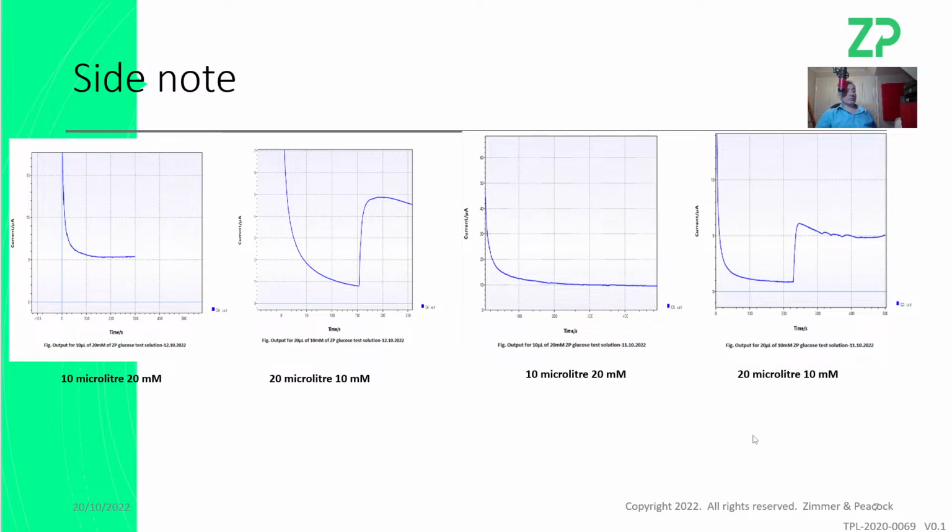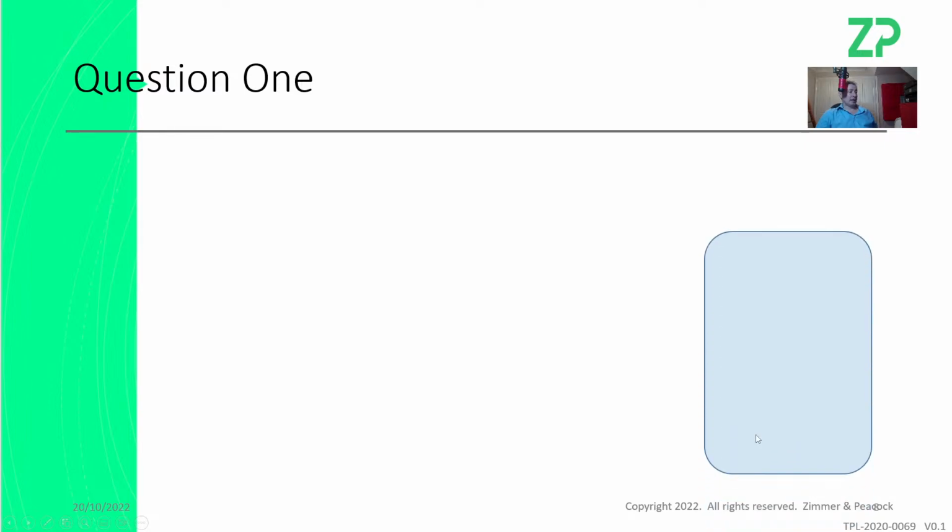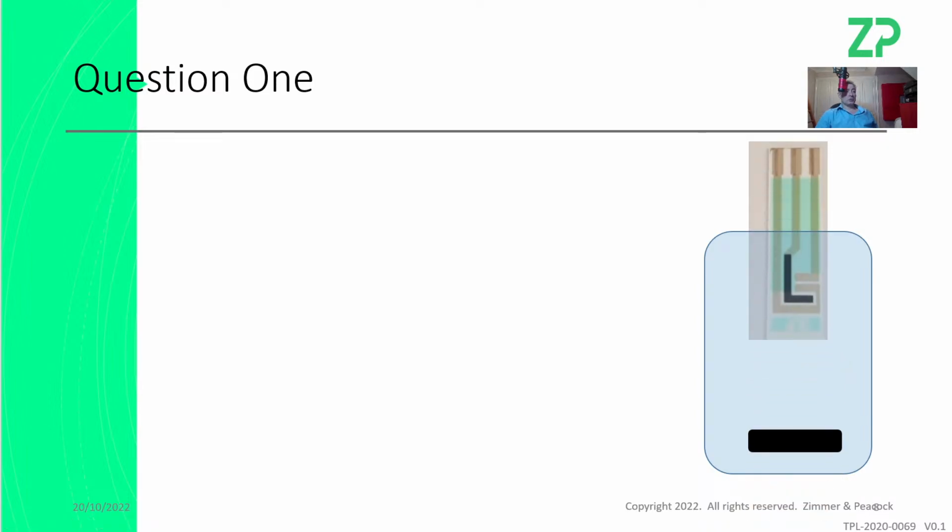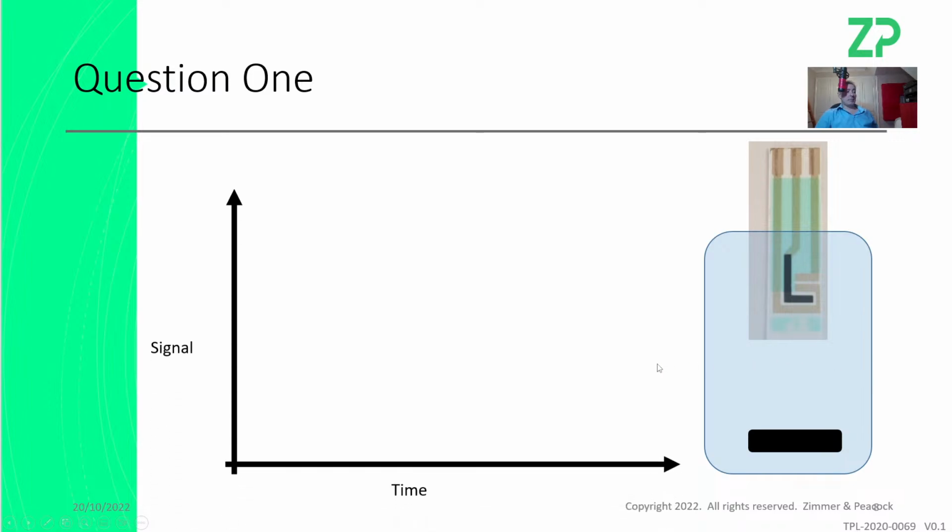I want to jump now to the second part of that question, which is actually about calibration. One way of calibrating a glucose sensor, which we do and talk about in the workshops, is to take a beaker with a magnetic stirrer bar in it and put the glucose sensor into that solution. We run an experiment with the electronics running and we have signal.